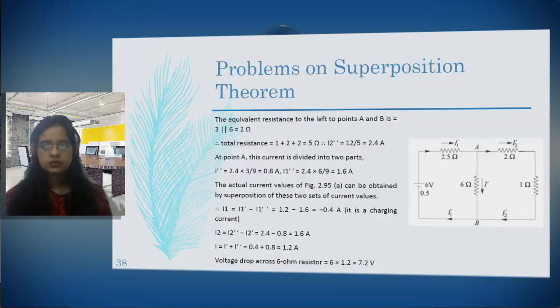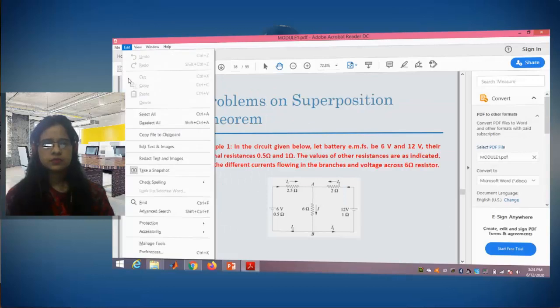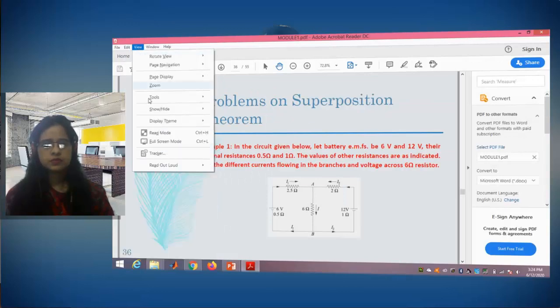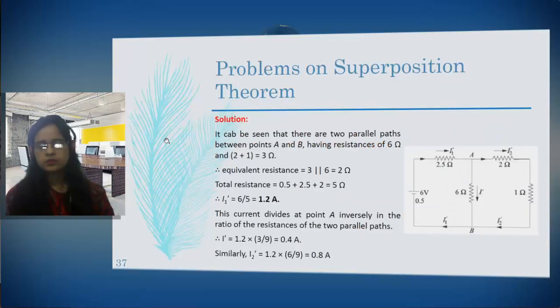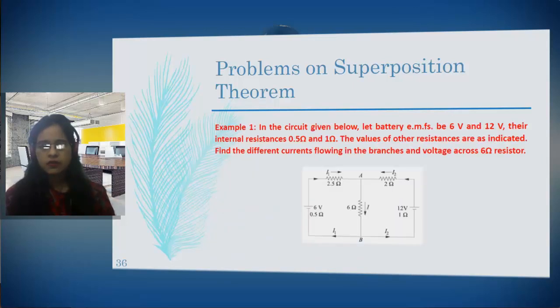Now see here in this circuit, according to the superposition theorem, we remove the other voltage sources and consider one voltage source or current source at a time.